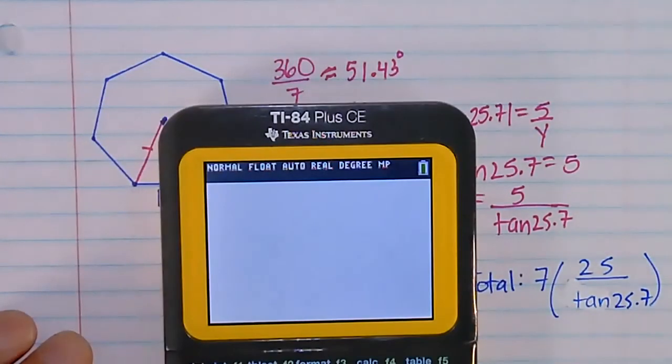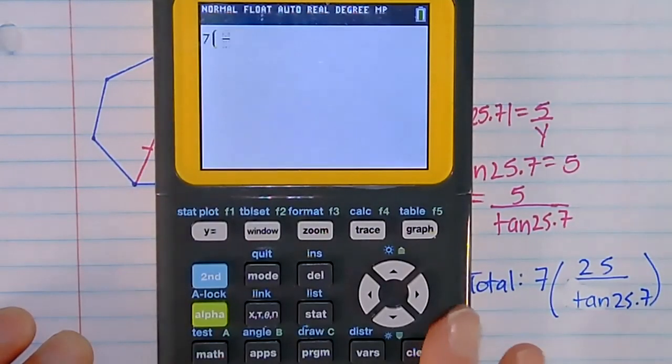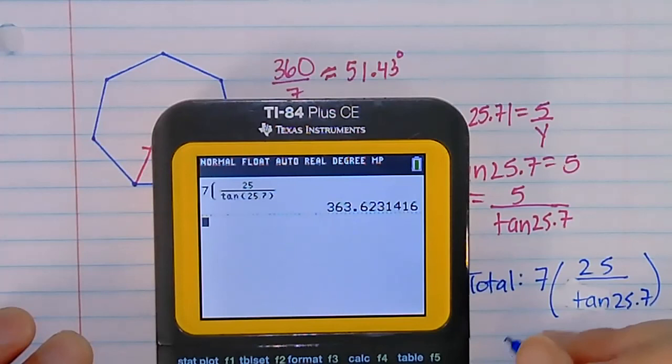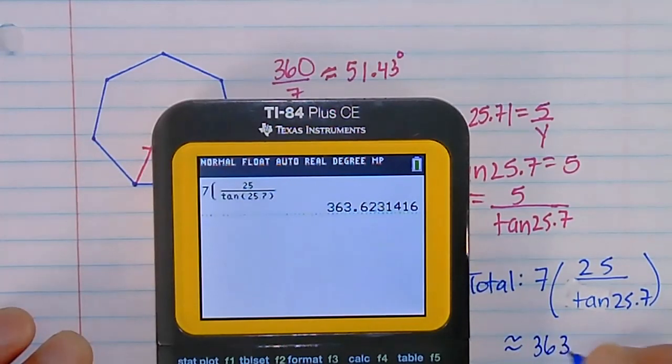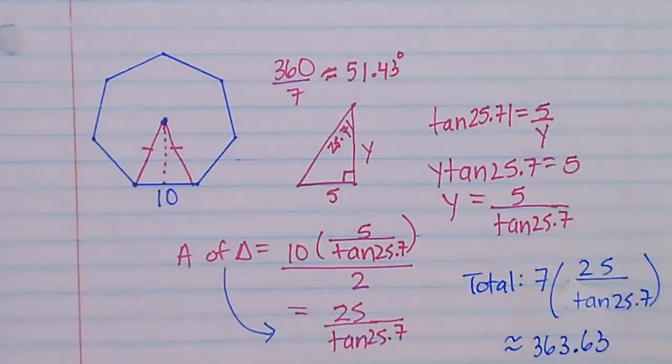Okay, so I'm going to do 7 times, alpha y equal to get my fraction, and then I'm going to put in 25 over tan of 25.71. And I end up getting about a 363.63 as my answer.